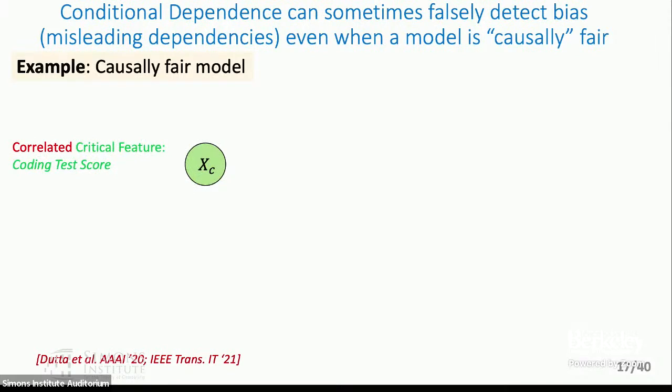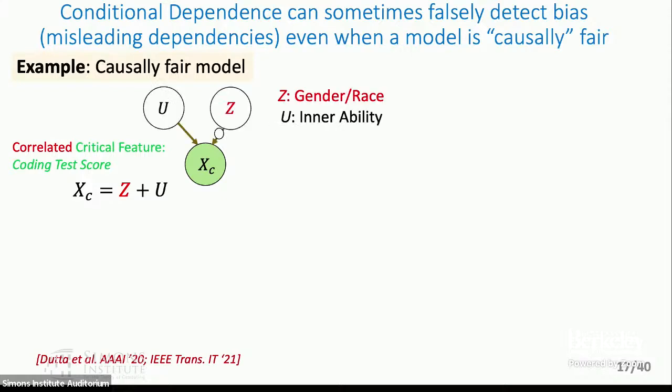So this time again, we have this feature, coding test score. Now, this is the simplest possible representation for the coding test score, which also happens to be correlated with the sensitive attribute. Here, Z denotes a sensitive attribute and U denotes a latent random variable, which is inner ability, which is independent of the sensitive attribute.